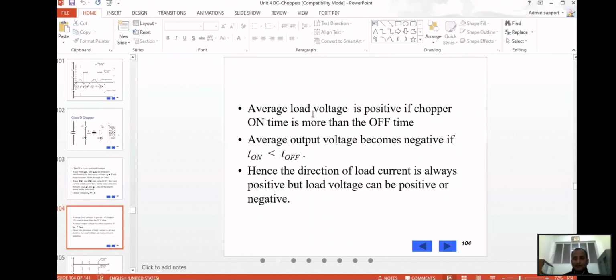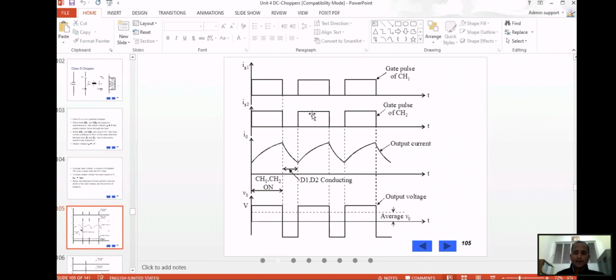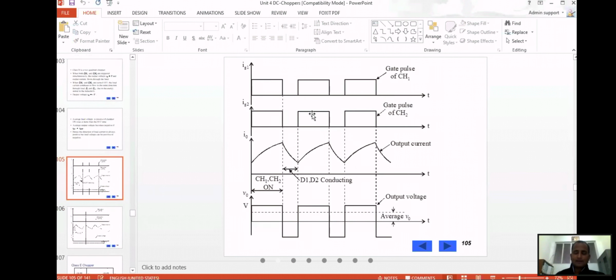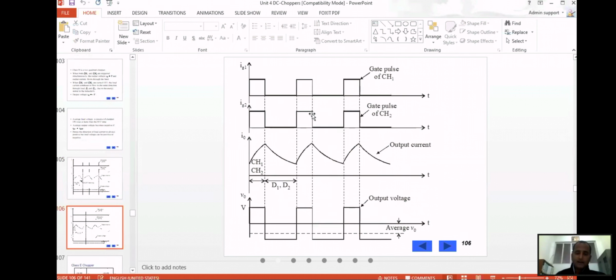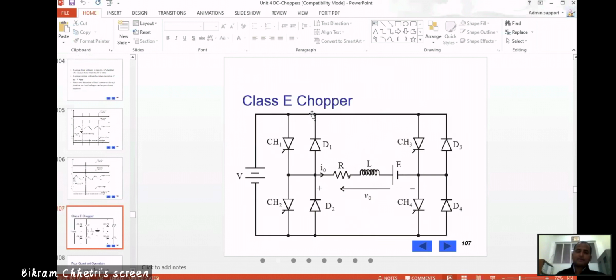If the T on time is less than the total time period, then it will be negative. These two diagrams are quite important to see that the average output voltage is positive in this case, where T on time is more than the T off time. And in this case, the average output voltage is negative, because the T on time is less than the T off time. So this we have seen.